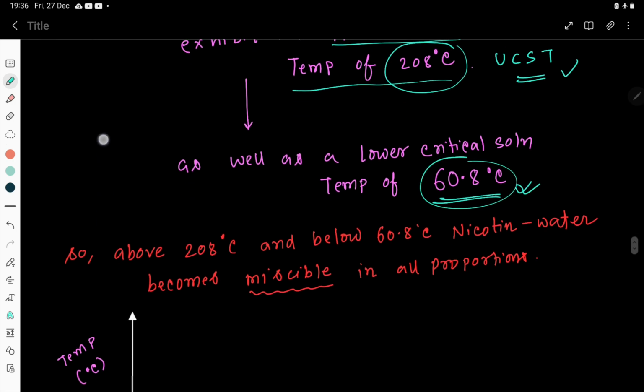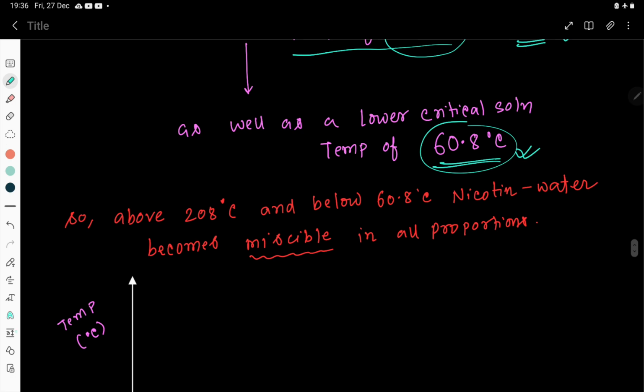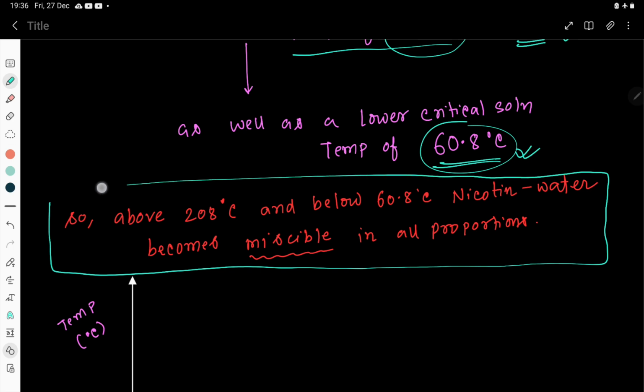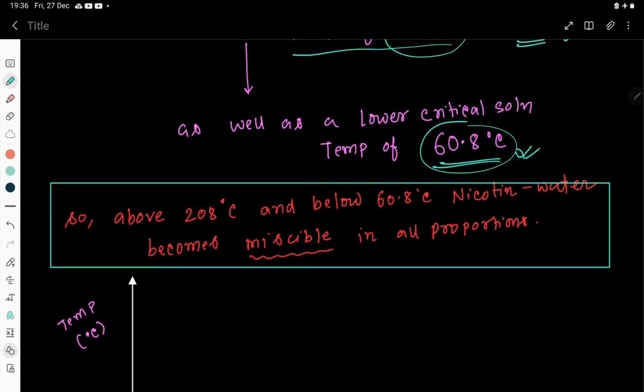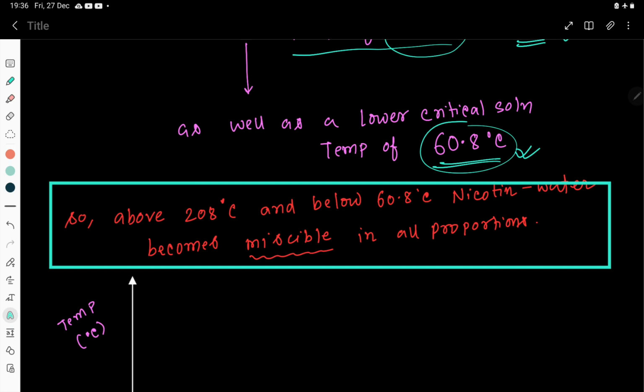So basically it means that above 208 degrees Celsius and below 60.8 degrees Celsius, nicotine water becomes miscible in all proportions. Or you can also say that it becomes homogeneous.